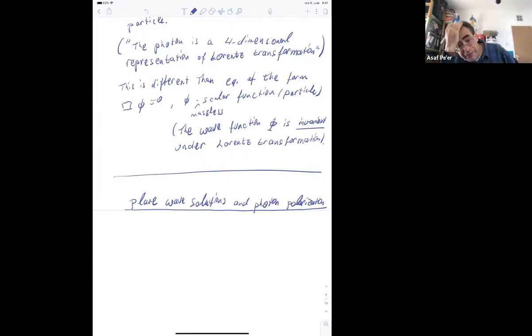We saw that the four-vector A mu, which represents the photon, obeys a wave equation in vacuum.